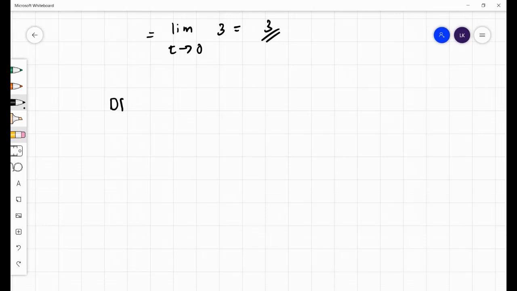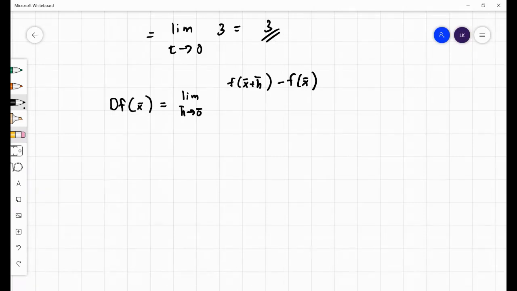We say the derivative of the function at x exists if the following limit is 0. We have a limit as h goes to 0, where h is a vector in general, and you have the value of the function at x plus h minus the value of the function at x.